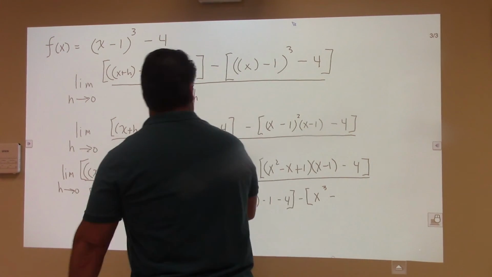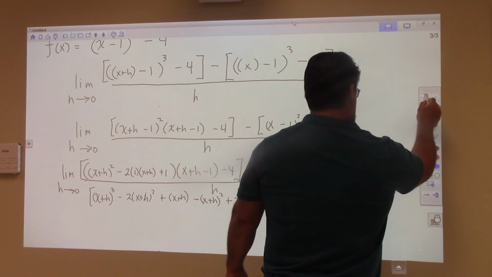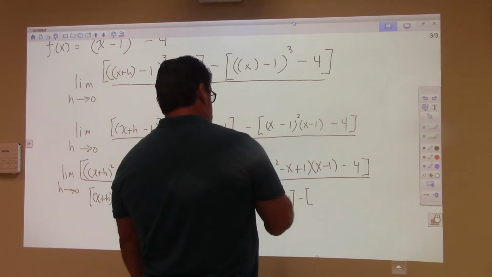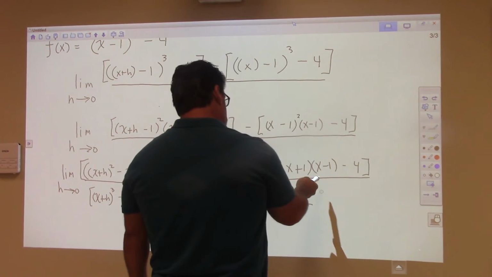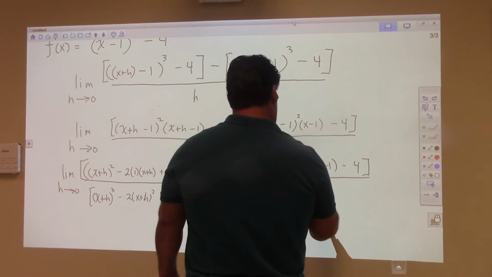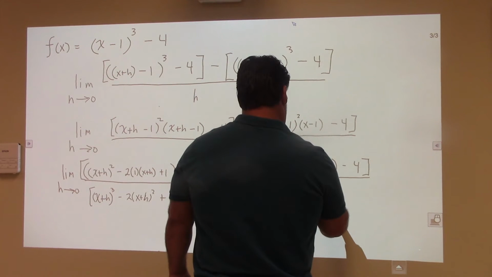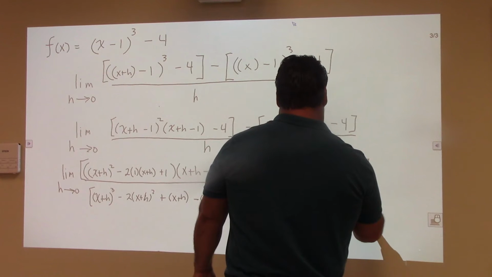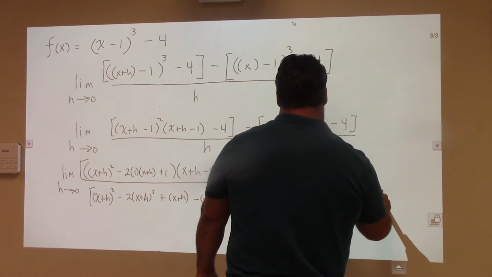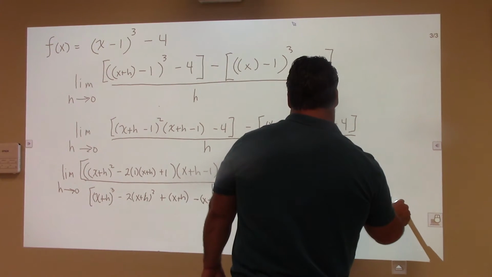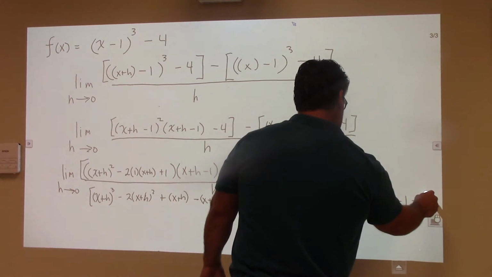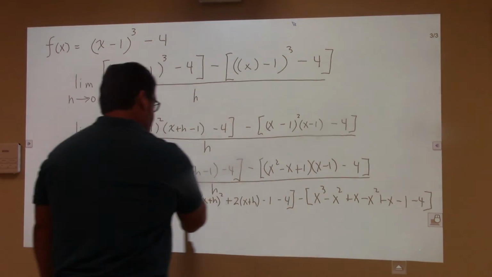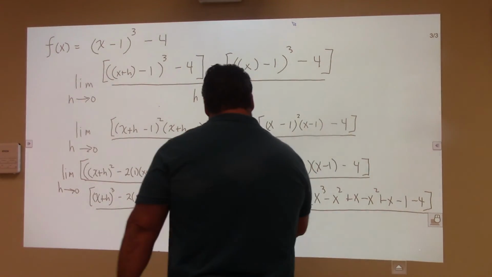I messed that up. Hold on. That's going to be, I'm right, x cubed minus x squared plus x minus x squared plus x minus 1 minus 4. All that over h.